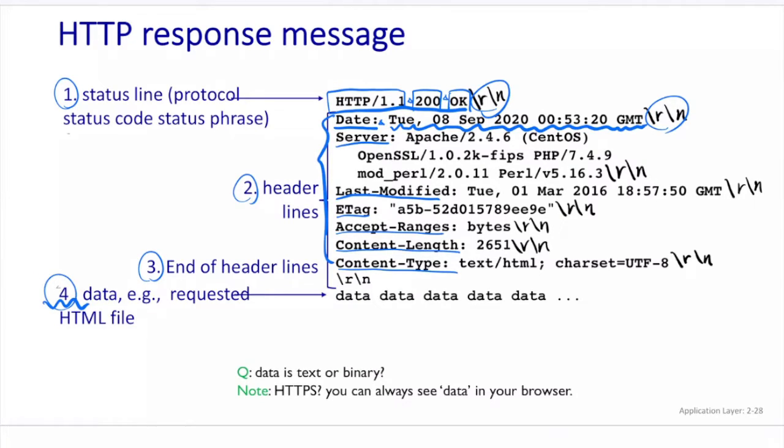Okay, and the next one is the last modified. That indicates the last modified date of the file that the client would like to retrieve, for example, 2016 March 1st, something like that.